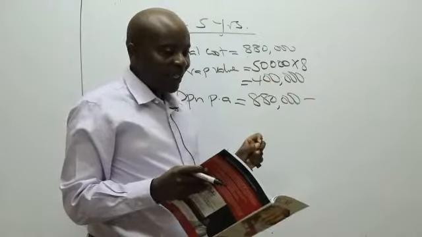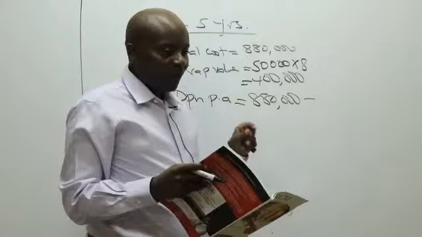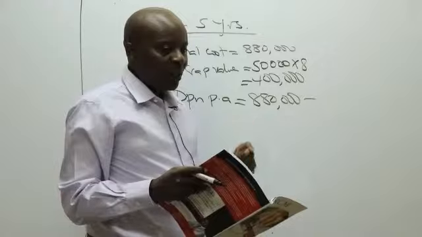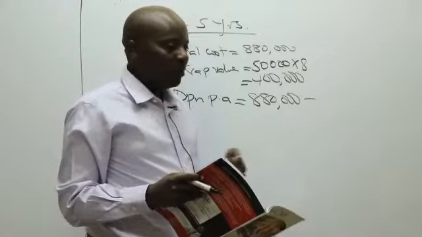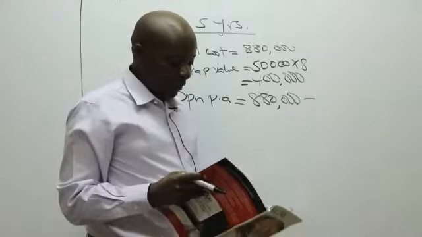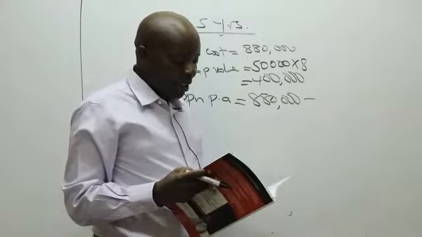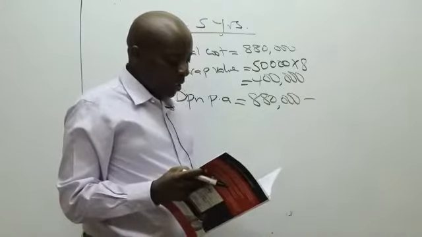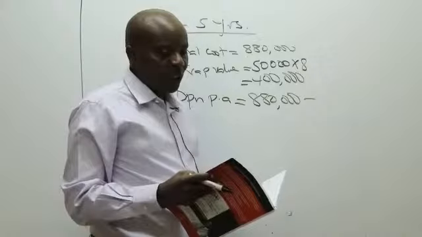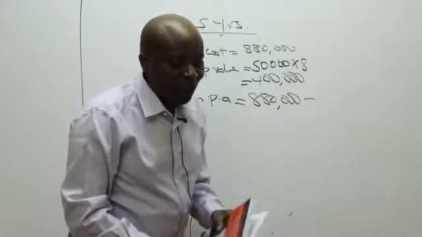Are we together there? So now we are reading the 5 years, paragraph number 4, where one person is making a proposal that he believes that the computers will stay with us for 5 years only. We are told the marketing manager, on the other hand, argues that the company needs the computers for only 5 years, after which they can be disposed of at 50,000 each. So are we together, first of all, up to there?